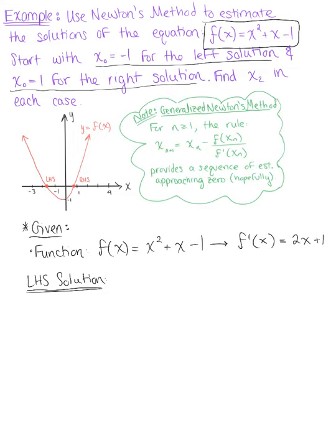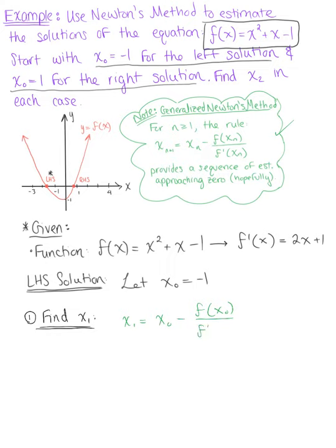So for our left-hand side, which we have labeled up here on our graph, we are going to let x naught equal negative 1. So part 1, we need to use this to find x sub 1. And using Newton's method, the generalized form up here, we know that x sub 1 will be equal to x naught minus f of x naught all over f prime of x naught.